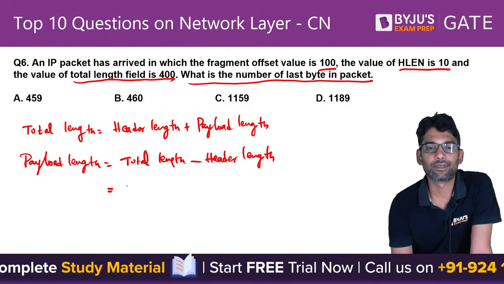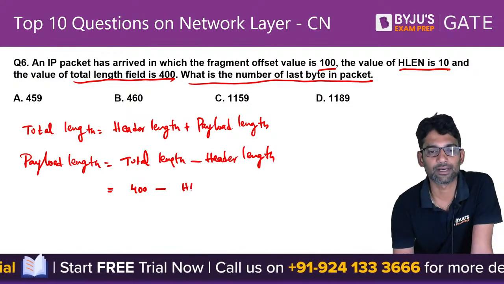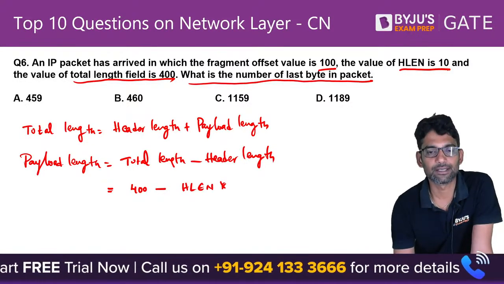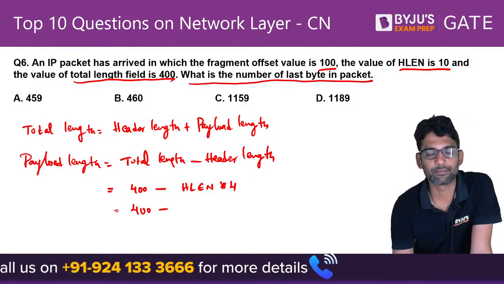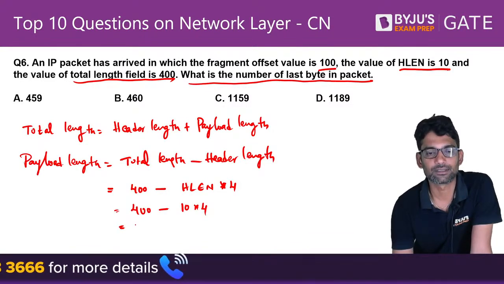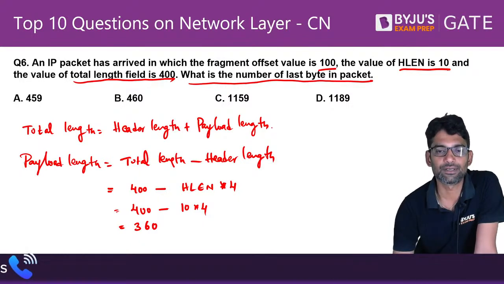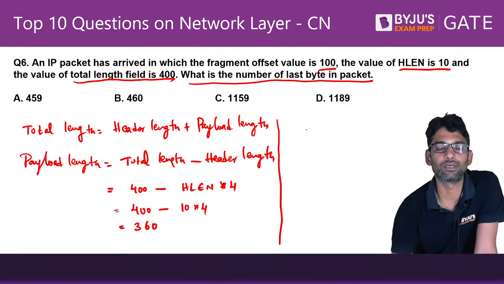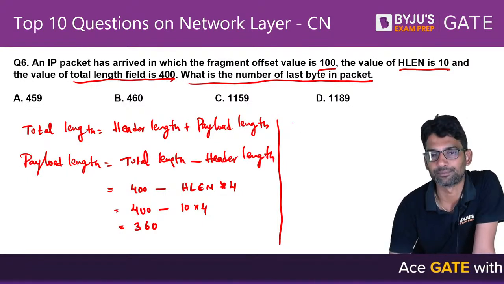Total length is given 400 bytes. Header length we get by multiplying HLEN value with 4. So 400 minus 10 into 4, that is 360. Payload length is 360, but we want last byte sequence number.